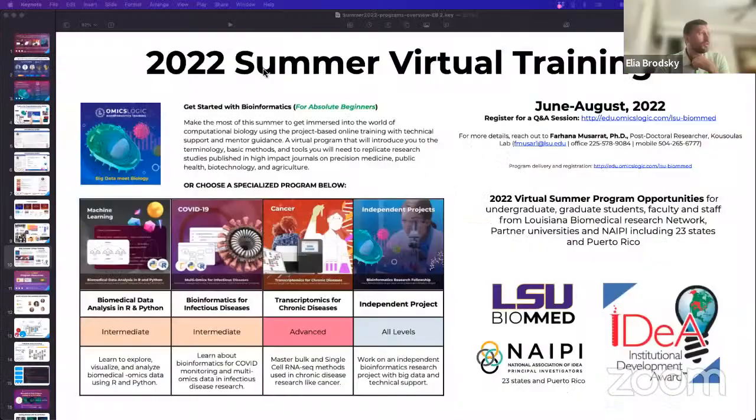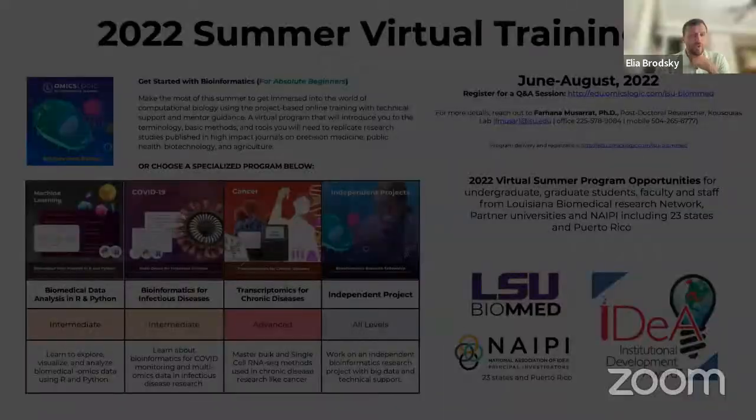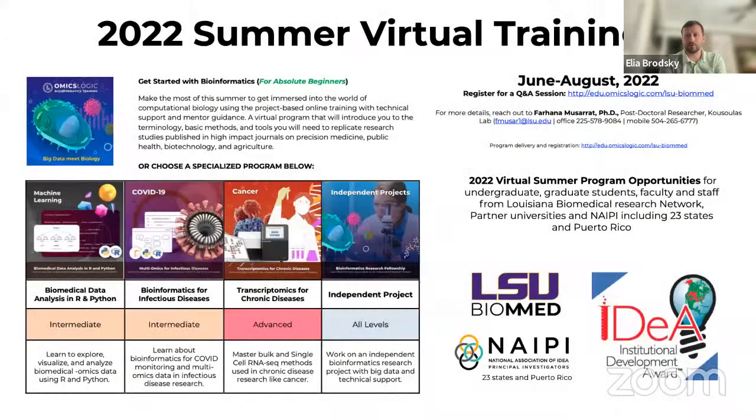All right, great. That was specific to a number of people. There are also a number of free licenses, especially if you are from NEPI. How do you know if you're part of NEPI? There's a website, nepi.org, where you can see the map, and all of the 23 IDeA states are listed there.